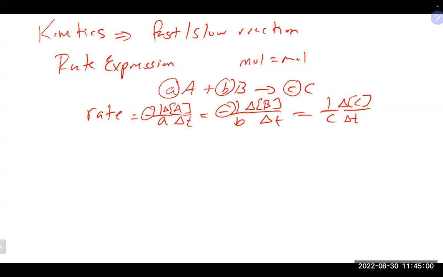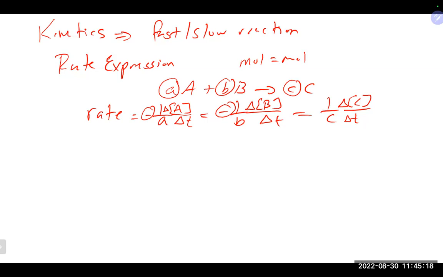On the very last example, we saw that if you wanted to, you could do it like a stoichiometry problem first, and then do the kinetics and rates part second, and it works out both ways. But if you want to do them all together, you can take 1 over the coefficient, and that will do it for you.